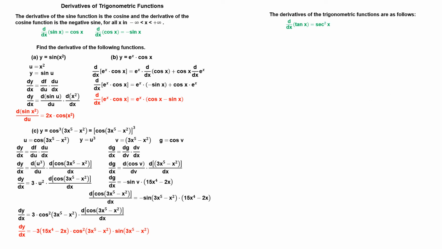Let us find the derivative of the cotangent function. We begin by rewriting the cotangent of x as the quotient of cosine of x and sine of x, and we use the quotient rule.